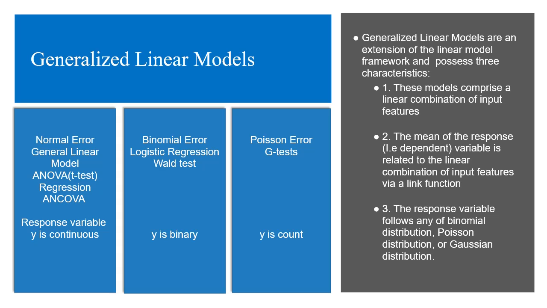In our case, it is following the binomial distribution. That's why logistic regression is being used. In normal linear regression, we used the t-test. Here we will use the Wald test. Of course, we are not specifically writing any test. It is already built into the GLM function. So we only have to say the family is binomial, then we get the results. Now with this background, let's go to RStudio.